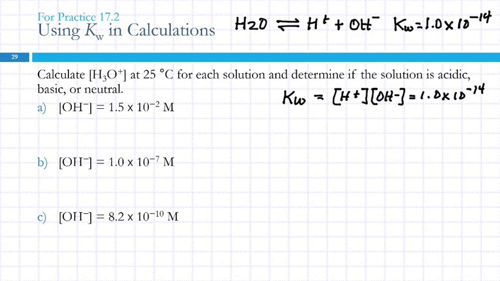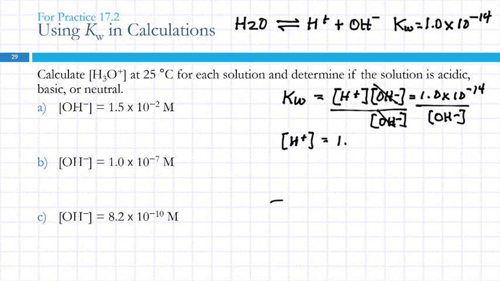This is a situation, especially since we have to do this more than once, where it might be a good idea to rearrange the equation. Divide both sides by hydroxide. Those cancel out. So the hydronium ion or hydrogen ion concentration is 1.0 times 10 to the minus 14 divided by the hydroxide ion concentration.